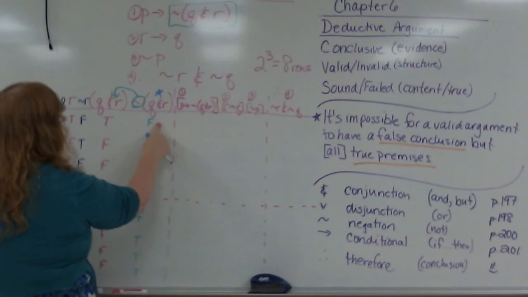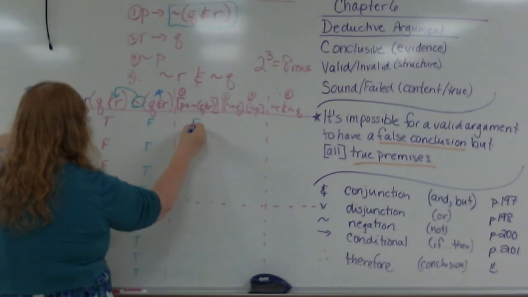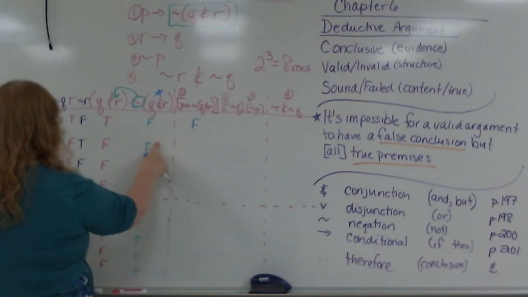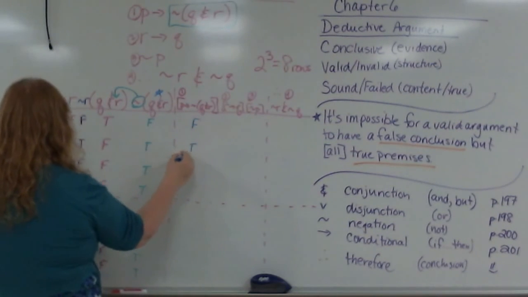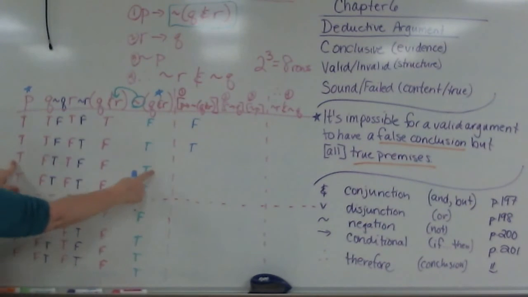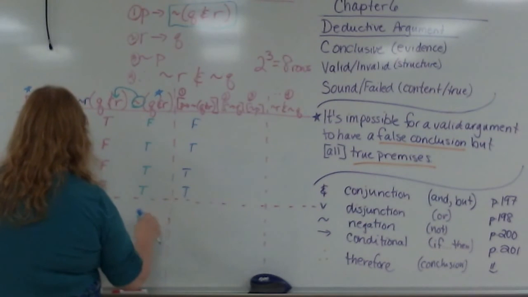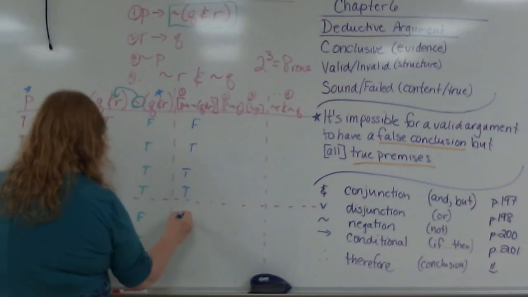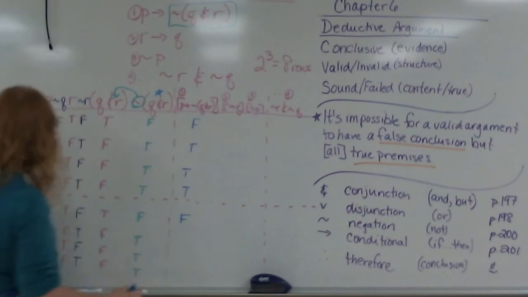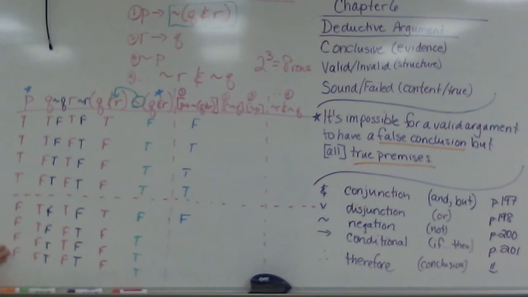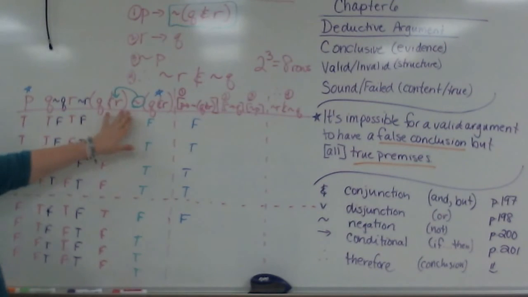So I have a true and a false. Oh, my first one's false. I know that already. Okay, true and true is true. True and true, back it out a little bit, is true. True and true again, true. False and false, we are false. All of my others, see, all of my others here start with false. The only time my conditional is false is if I start with a true, but my second one is false.